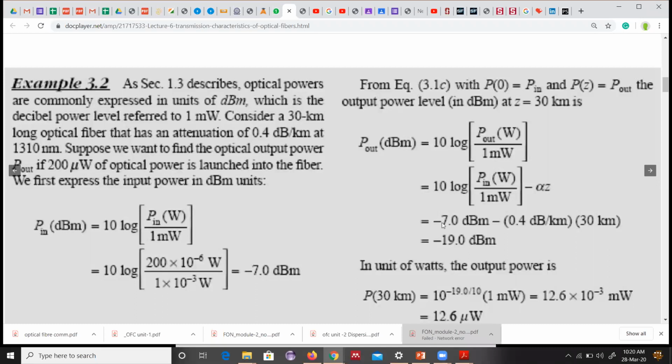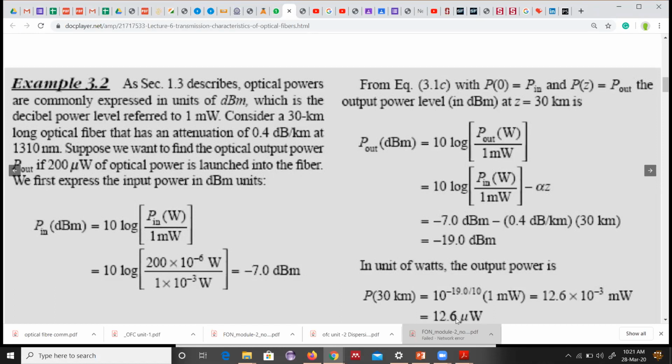So input power in dB milli is minus 7 dBm, which is estimated, minus alpha L, which is 0.4 dB per kilometer, and the length of the fiber is 30 kilometer. So 0.4 dB per kilometer into 30 kilometer will give you minus 19 dBm. This is the output optical power, that is in terms of dB milli. So if you want to convert that back into watts, you just have to take the antilog of that and multiply with 1 milliwatt.